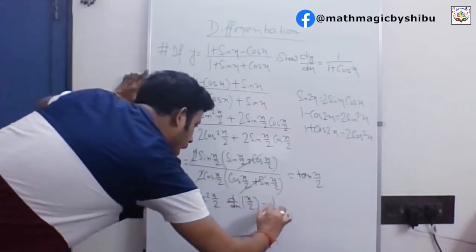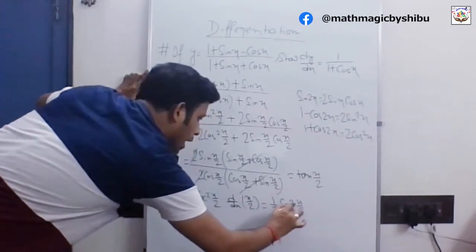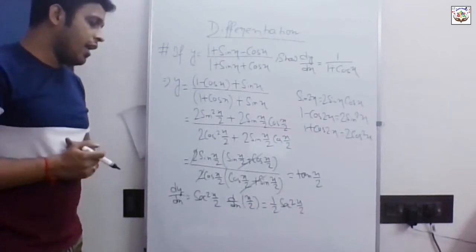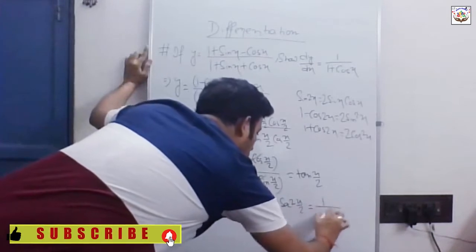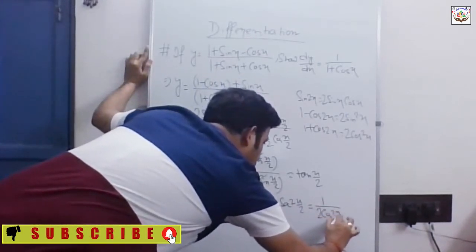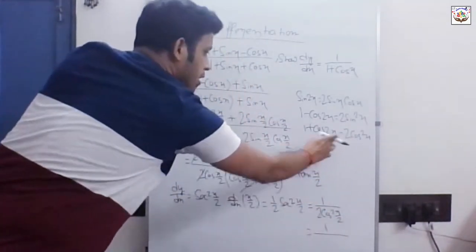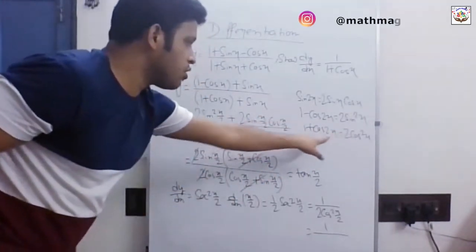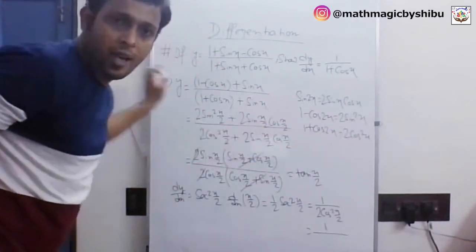So it would be half sec square x by 2, and you know that sec is the reciprocal of cos. So can I write 1 by 2 cos square x by 2, and you know that 2 cos square x by 2 means 1 plus cos x, because 2 cos square x means 1 plus cos 2x, so 2 cos square x by 2 would be 1 plus cos x, right?